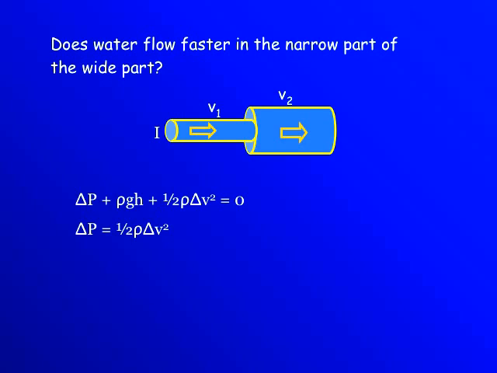There's no difference in gravitational energy, rho g h, from 1 to 2. The heights are essentially the same, or negligible. So therefore, if there's a difference in kinetic energy density, there's got to be a difference in another form of energy to account for the loss of kinetic energy from the loss in speed from V1 to V2.